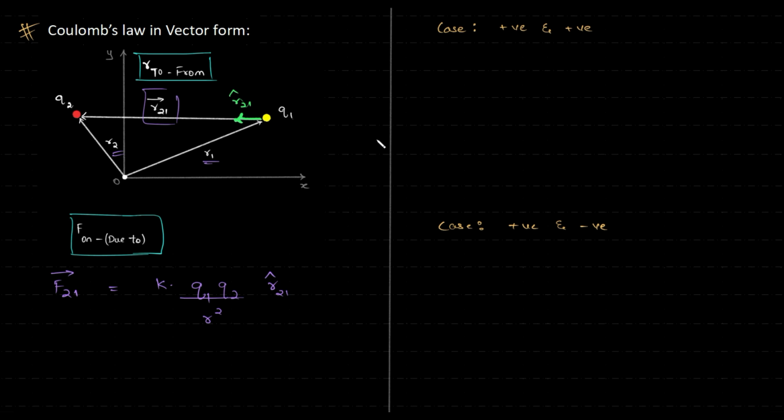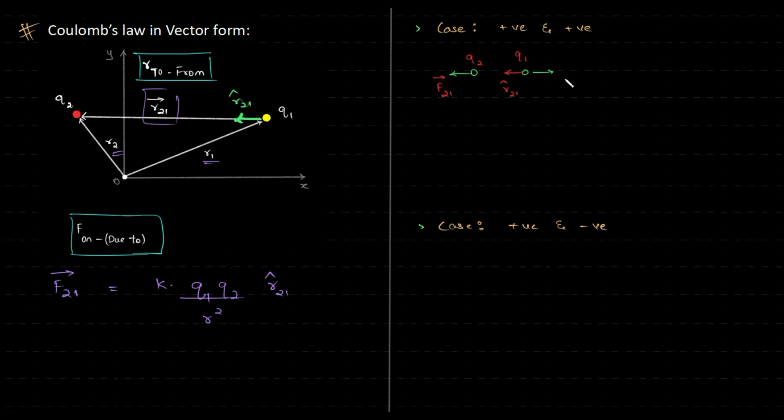Right? Okay. So we need to understand that this formula will be able to handle all the scenarios. When charges are positive and positive, what happens? Well, when both are positive, they will push each other, is it not? So this is Q2, this is Q1, while R21, the unit vector, will be in the same direction as F21.